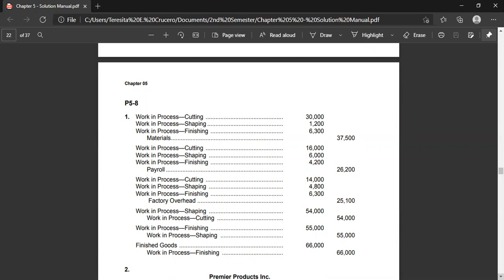So we have now the payroll credited for 26,200 and debit to work in process, cutting, shaping, and finishing. Take note that we can credit the amount of first, number one, materials, number two, payroll, and number three, factory overhead.